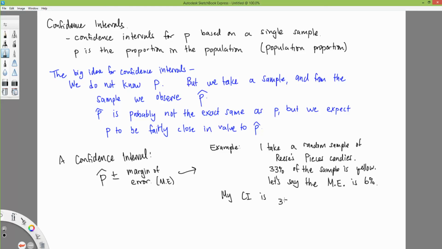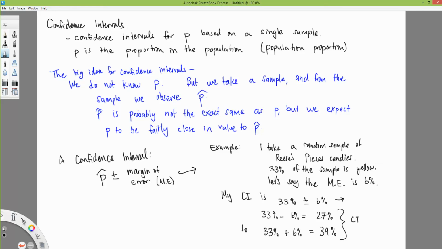So my confidence interval is 33% plus or minus 6%, which basically is 33% minus 6% is 27%, to 33% plus 6%, which is 39%.